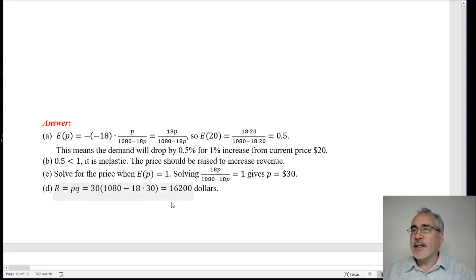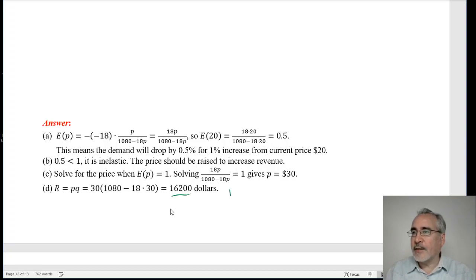There we go. We see our final answer, 16,200. That's what we got. Excellent. For the C part, we did get $30 was the maximum, doing it by setting elasticity equal to 1. And since our elasticity was 0.5 in the beginning, it's inelastic, so that makes sense. So hopefully this all worked out and you'll be able to do problems like this.